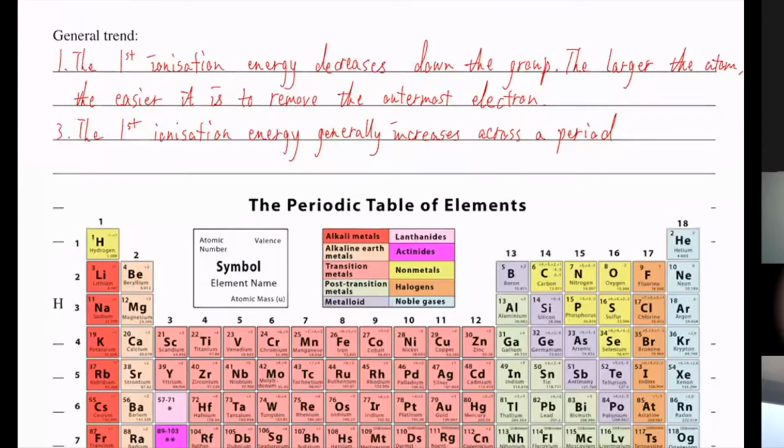As we go across the period, the proton number increases. I always say the effective nuclear charge, they increase.